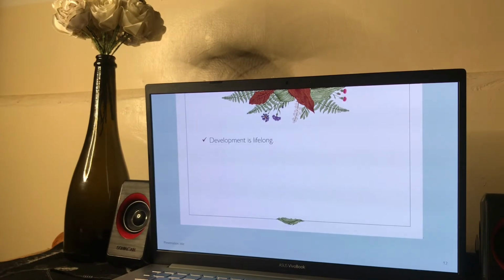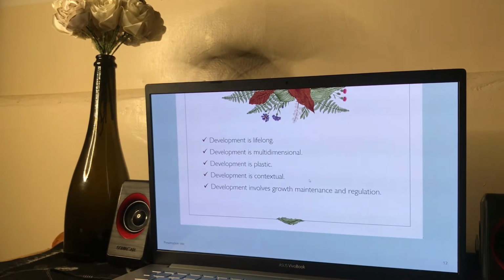First, development is lifelong, meaning it is continuous. Development is multi-dimensional. Development is plastic. Development is contextual. Development involves growth, maintenance, and regulation.